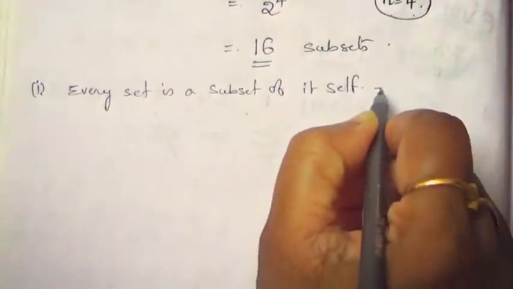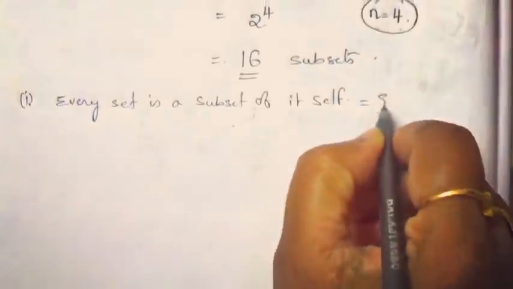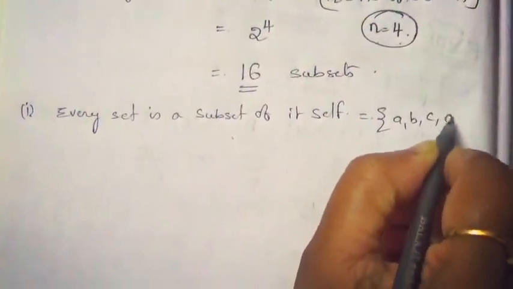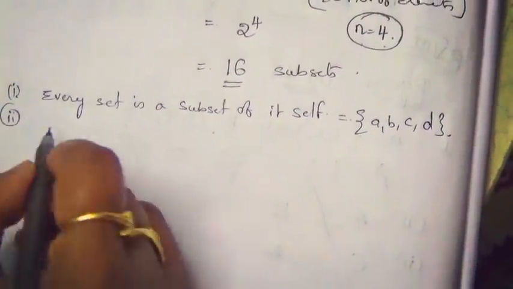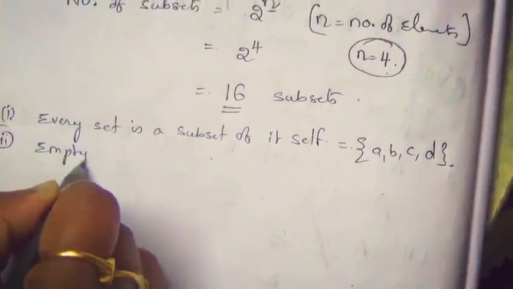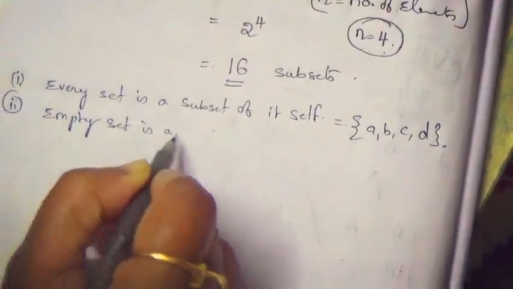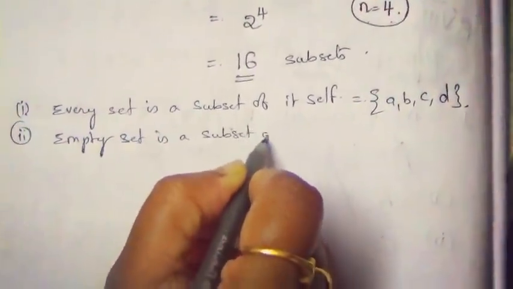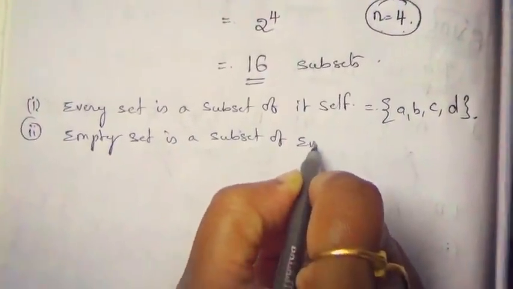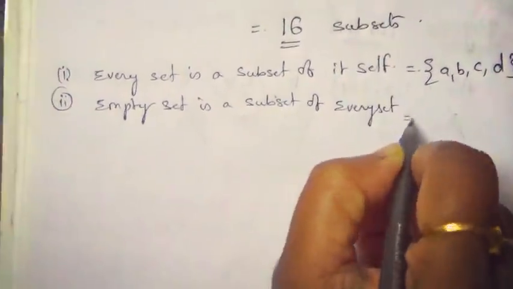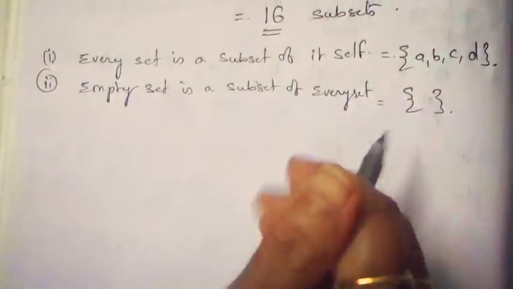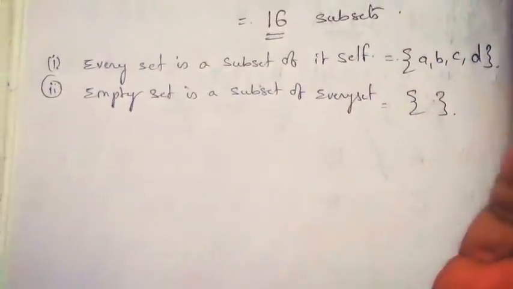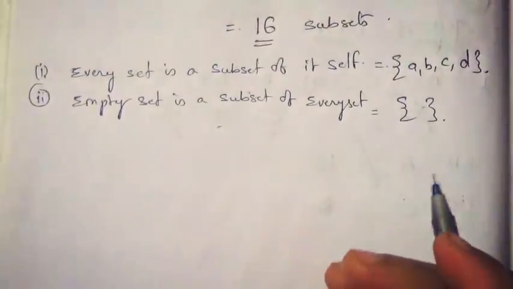Means the same set we have to write here: A, B, C, D. Second point to remember: the empty set is a subset of every set. That is the null set. These two are subsets of every set. Every set is a subset of itself, and the empty set is a subset of every set.